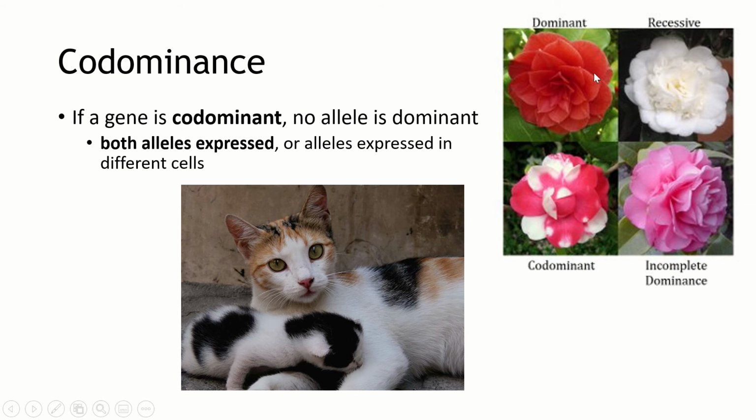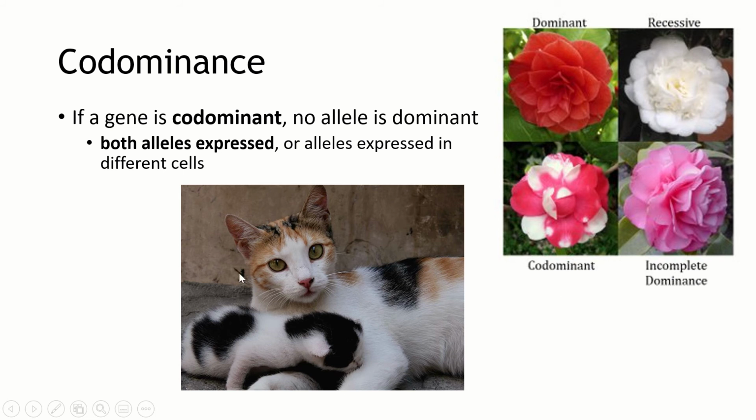In the case of a codominant gene, we see the red and the white both expressed in the individual. In incomplete dominance, we see the heterozygote is somewhere between the red and the white. Okay, it's pink. So spotted is codominant, pink is incomplete.